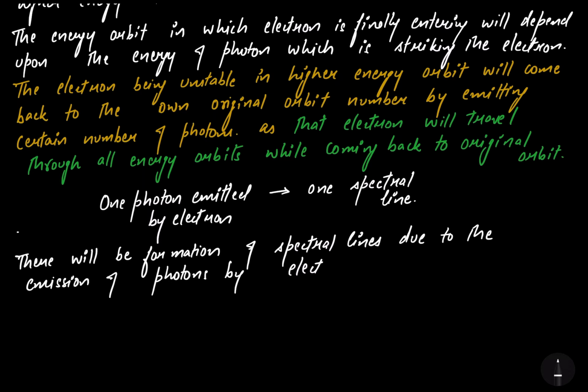And you can also term it as emission spectral lines. You are going to evaluate emission spectral lines because it's a photon emitted by electron.